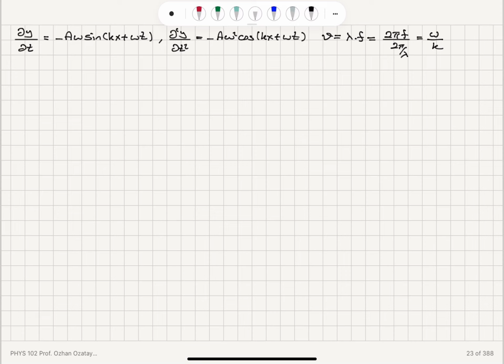So if we examine this situation here, the second derivative with respect to x, ∂²y/∂x², is equal to −Ak² cos(kx + ωt). Now, is this equal to 1 over v² times ∂²y/∂t²? So 1 over v² is 1 over (ω over k) squared, times ∂²y/∂t².